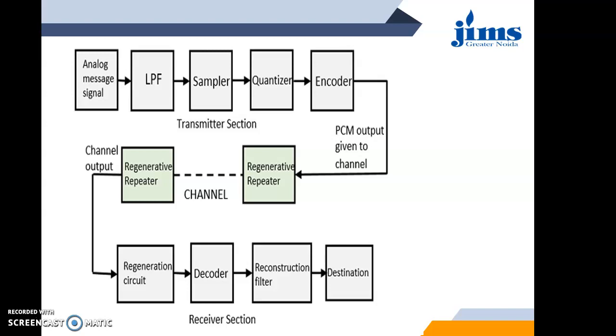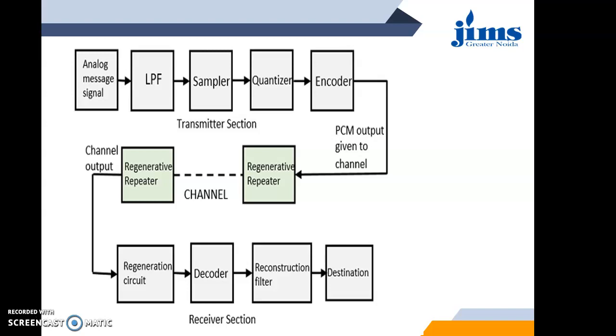Within the channel, there are regenerative repeaters which repeat the signal automatically after certain distances so that the original meaning or message of the signal is conveyed at the receiver. Finally the signal reaches the receiver. At the receiver, the first block is the regeneration circuit, which regenerates the signal in order to overcome the losses, distortion or error that occurred during transmission.